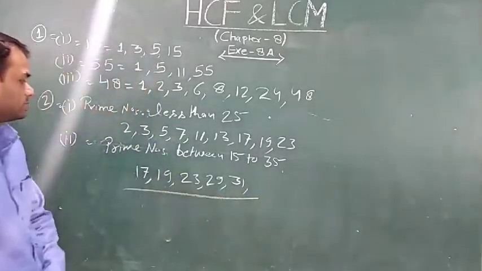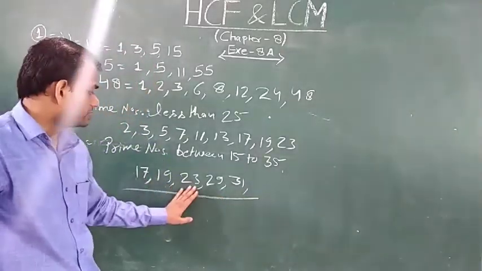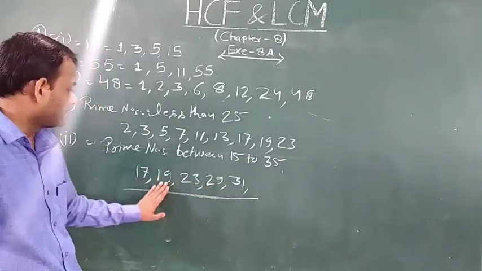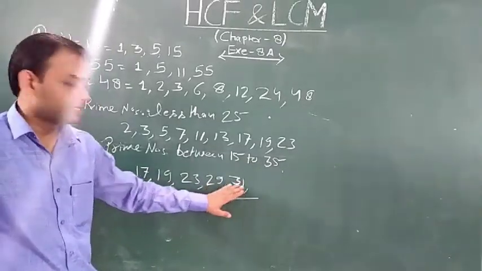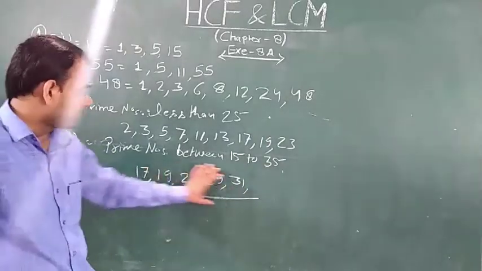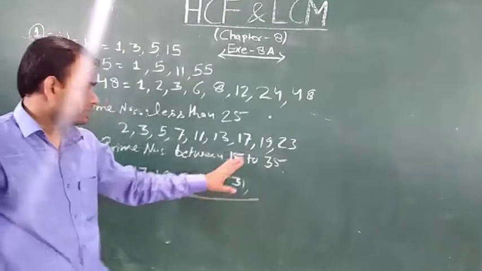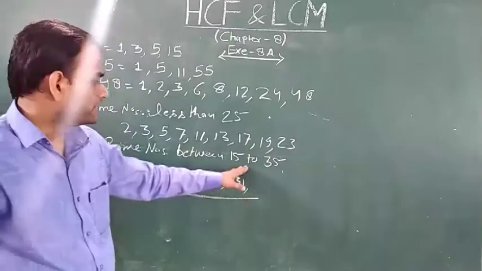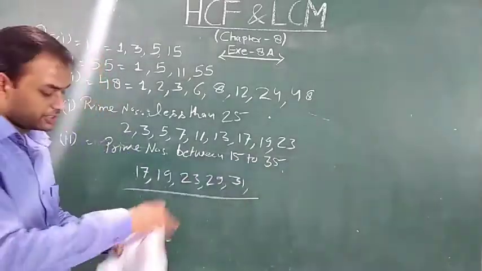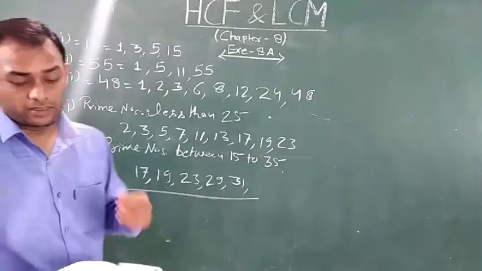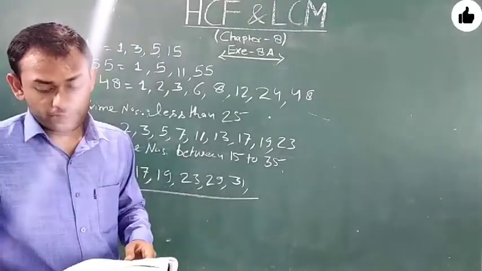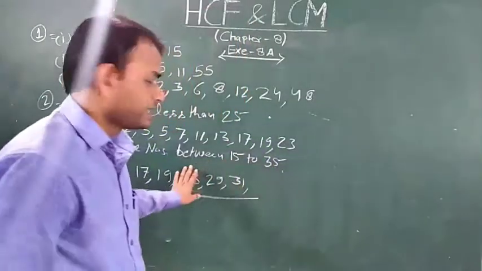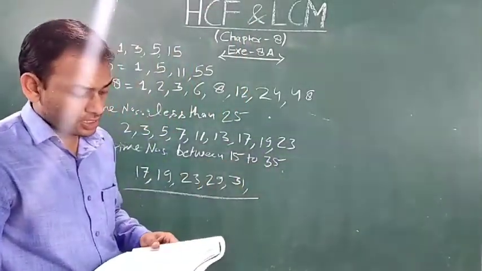These are the numbers: 17, 19, 23, 29 and 31. These all are the prime numbers between 15 and 35. So easy, this question. So next question, you have to write the prime numbers between 8 and 76. You will do it just like this question. Okay. Now the third question.